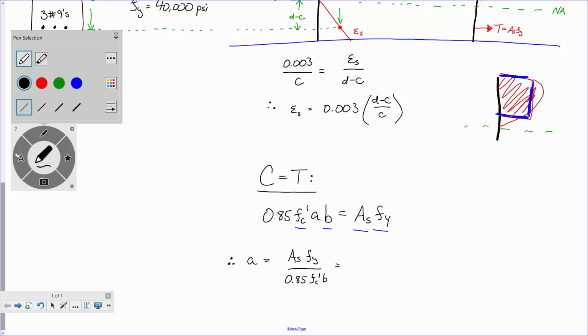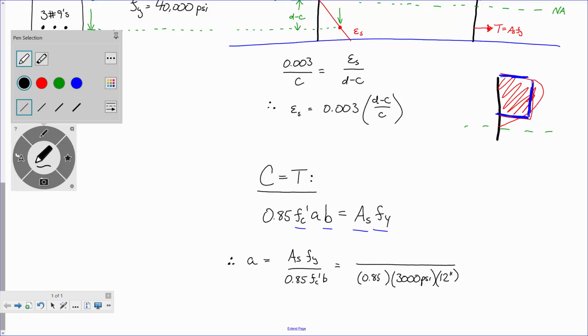All right, so 0.85 f'c, whoa, I didn't even plug it in. My goodness. f'c is 3,000 psi. b is the width of the beam, that's 12 inches.